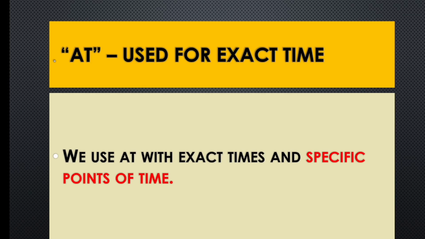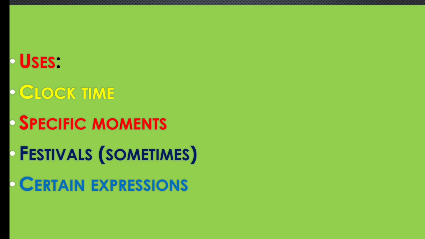We use at with exact times and specific points of time. That is clock time, specific moments, and sometimes festivals, for example, Christmas is a festival. Certain expressions also take at.